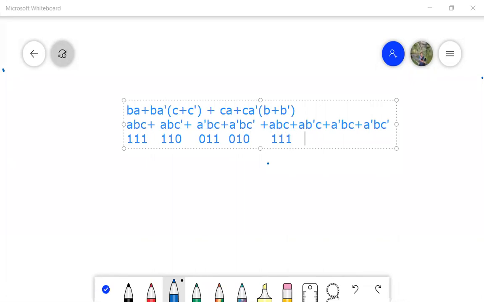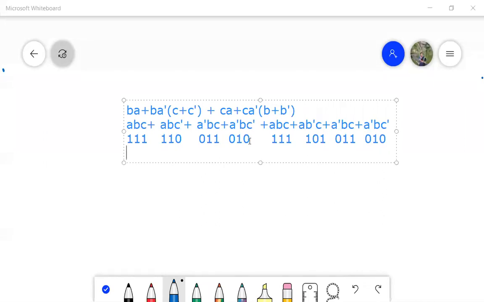Again, when I go to A, B bar, C, A is 1, B bar is 0, C is 1. Then when I go to the next one, A bar is 0, B is 1, C is 1. And to the last one, A bar is 0, B is 1, C bar is 0. I just wrote this for our explanation.